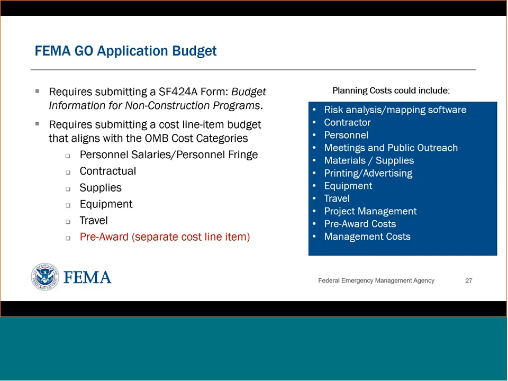There is a threshold for equipment, so be aware that when you are putting the budget together, there's a $5,000 minimum for that equipment line item. And then if there's any travel associated with the planning sub-application, going to the meetings, if the planning committee or planning team needs to travel, those items can certainly be included as well.